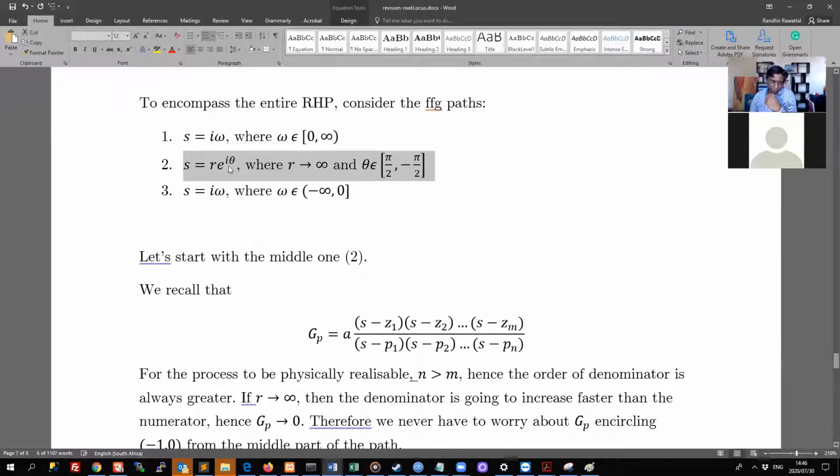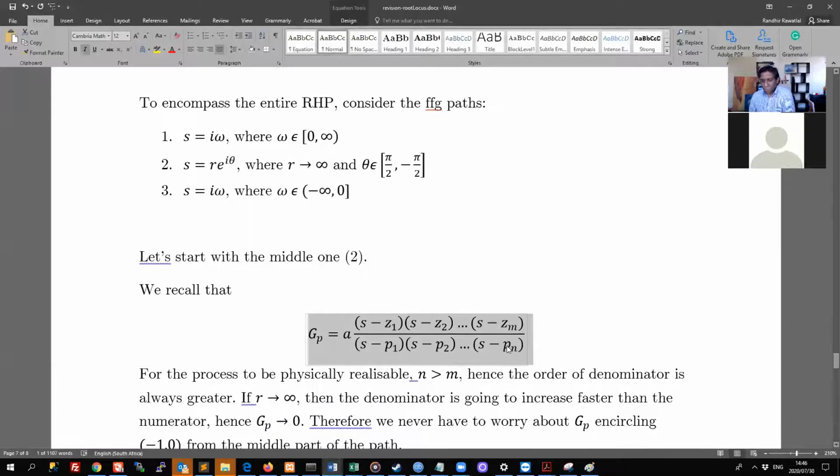So first off, or second really, in this step, R is going off to infinity. So S has an infinite value. The magnitude of S is infinity along this part of the plane. Now, if we look at our transfer function, we have m zeros and n poles here.